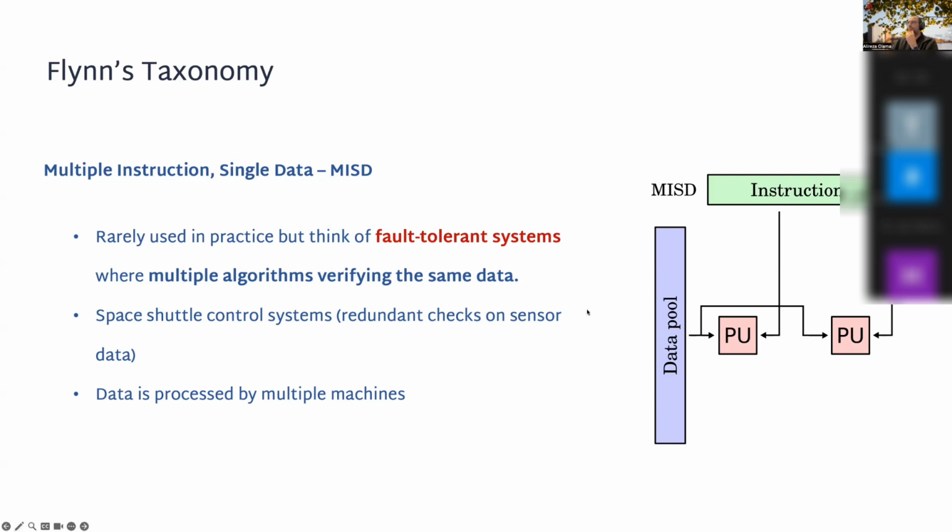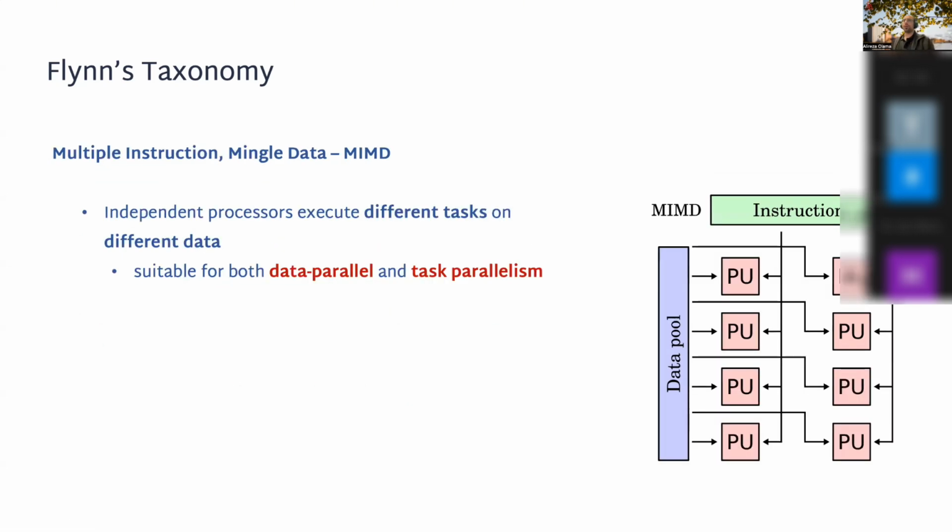So this is not the architecture that we're going to use in this class. And finally, we have multiple instruction and multiple data machines, or MIMD. So these are general purpose computers which contain different processing units, and each processing unit can fetch different instructions from the instruction pool and also can fetch different data items from the data pool, right?